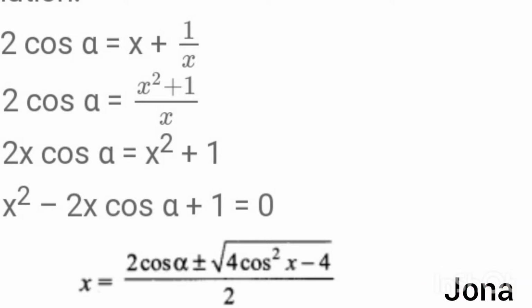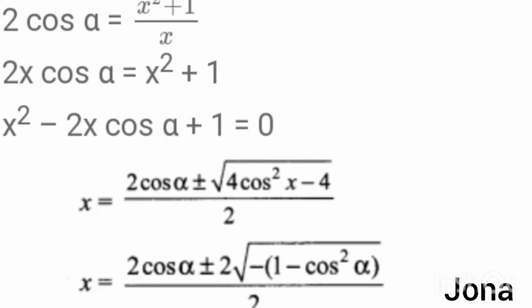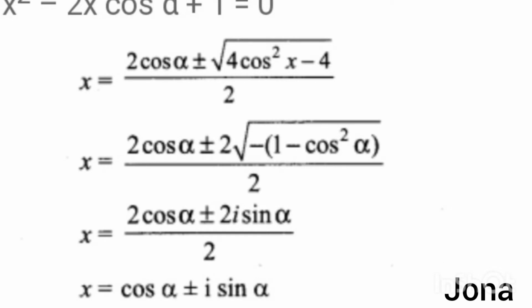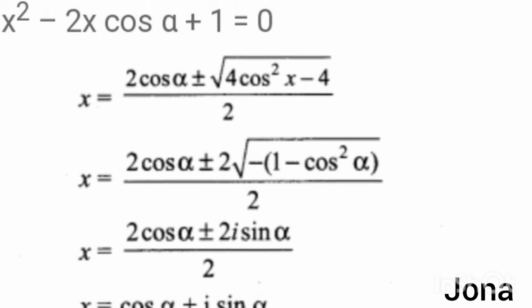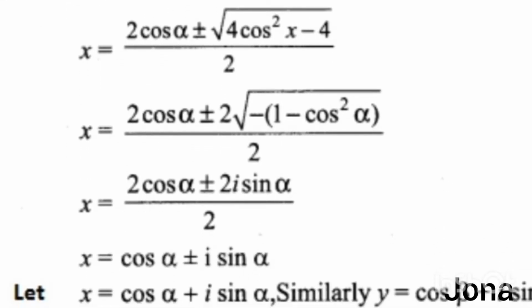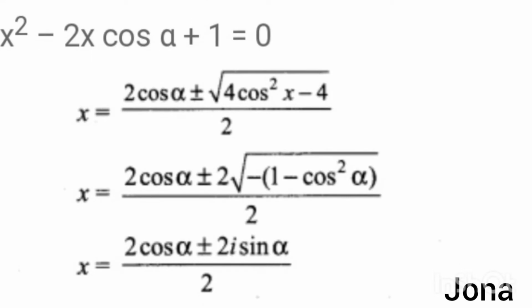Then we want to find the value of x by using the quadratic formula, since we couldn't do the factorization. Here a is 1, b is minus 2 cos alpha, and c is 1.